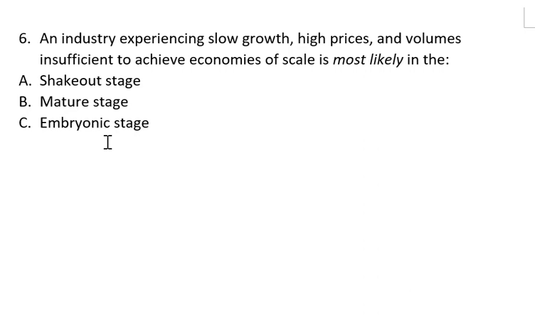An embryonic industry is one that is just beginning to develop and is characterized by slow growth, high prices, volumes not yet sufficient to achieve meaningful economies of scale, developing distribution channels, and low brand loyalty because there is low customer awareness of the industry's product. The answer is C.